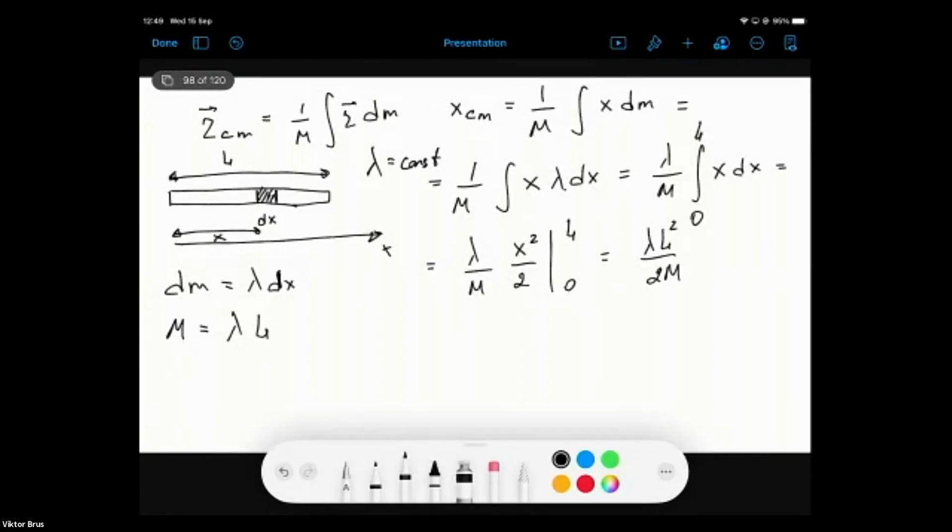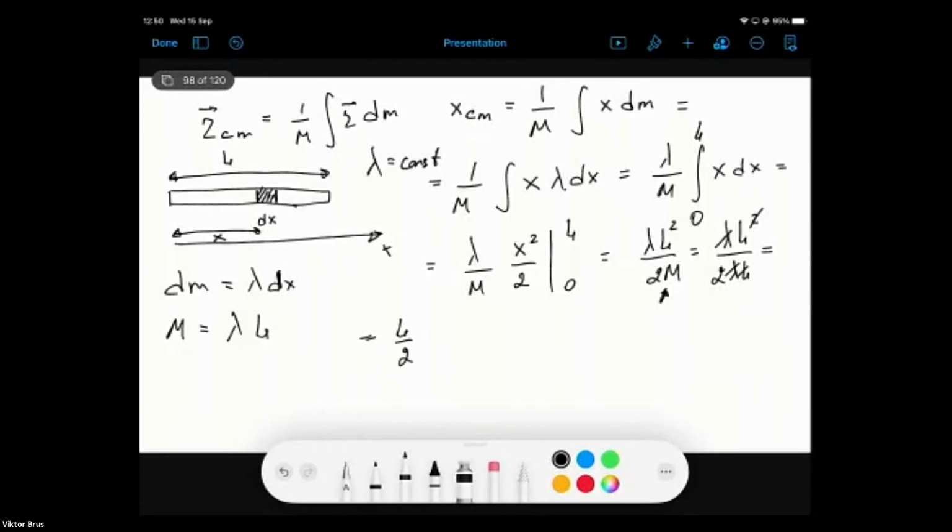And now we can substitute it instead of the total mass. So here it will be lambda L squared divided by 2 lambda L. And eventually we cancel out lambda L, and it will be L divided by 2.